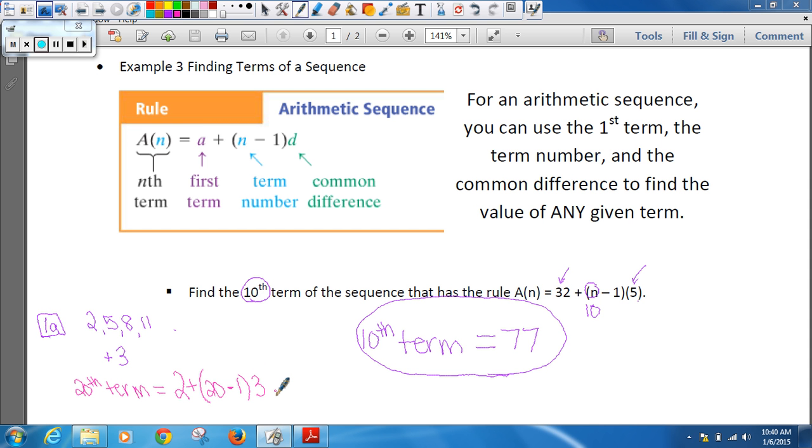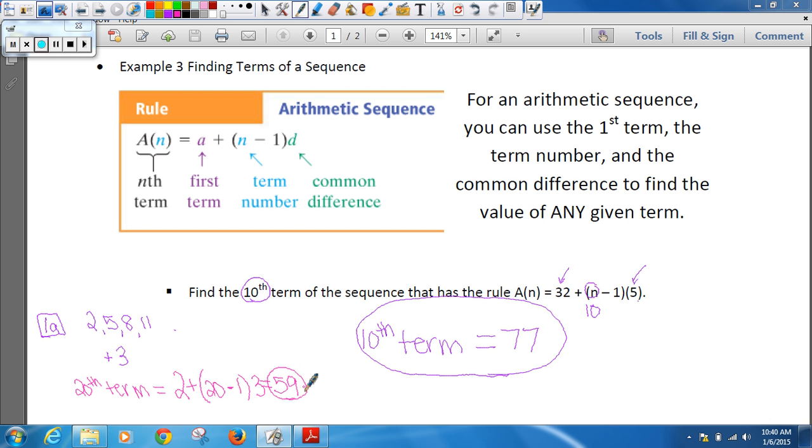So we can put that all in our calculator at once: 2 plus parentheses 20 minus 1 times 3. If we do that, we get that the 20th term for this sequence, if we were to keep writing it out, would be 59.